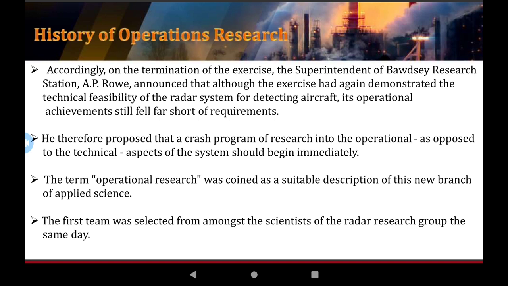It was announced that the exercise had demonstrated the technical flexibility of the radar systems in determining aircraft systems, their operational achievement and the equipment.